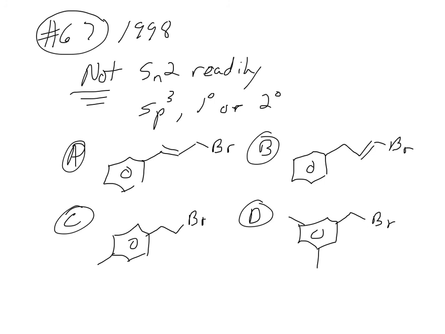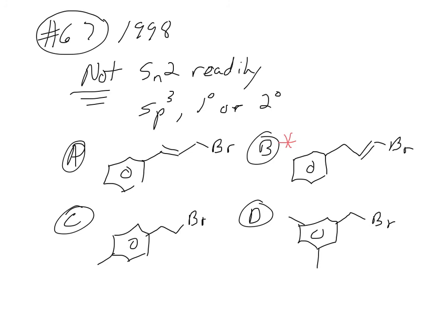So which one of these will not undergo an SN2? There's only one that's not bonded to an sp3 hybridized carbon. B, right? B is the answer. It's bonded to an sp2 hybridized carbon.